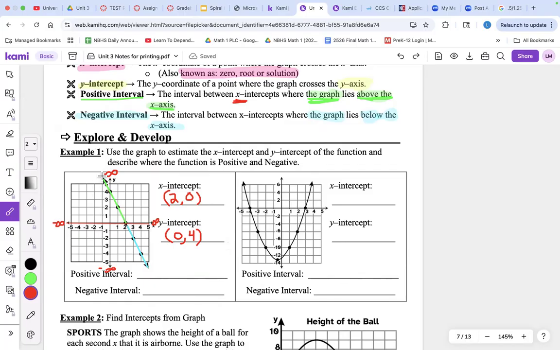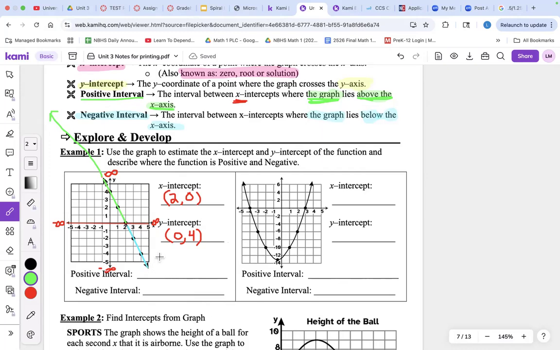So we know that this is continuing to go. It's going and going and going, as little kids say. And look down. Where is it going? It's going to negative infinity. So our positive interval starts at here, but we put the lowest number first.